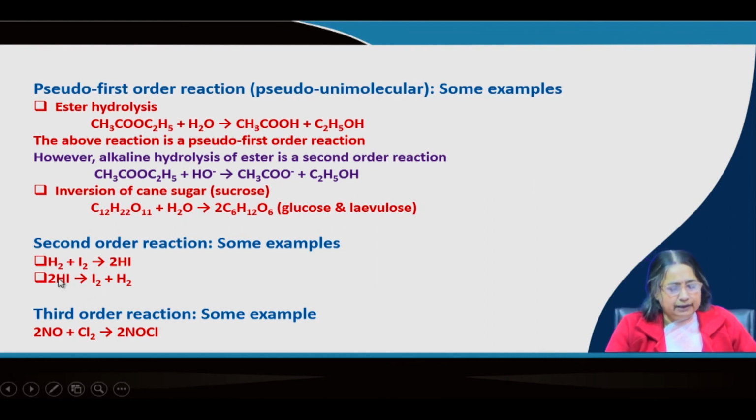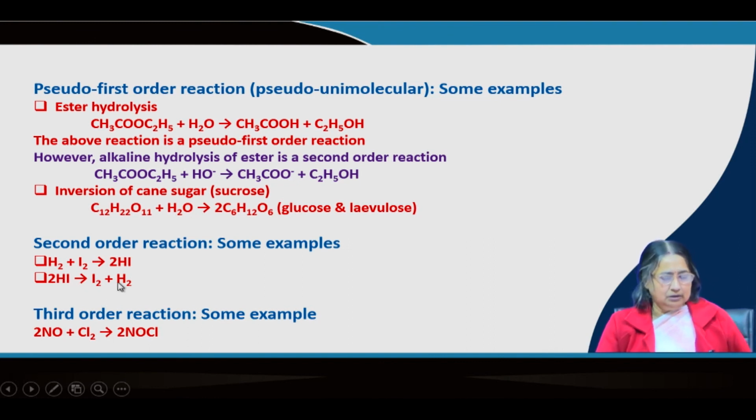Here also two species are not present, only one species, but two molecules are involved. That is why this is also a bimolecular reaction. This is basically the opposite reaction: here hydrogen and iodine give hydroiodic acid, here hydroiodic acid gives iodine and hydrogen.